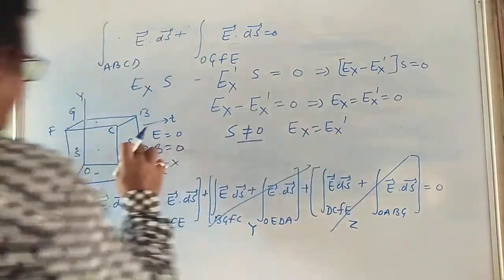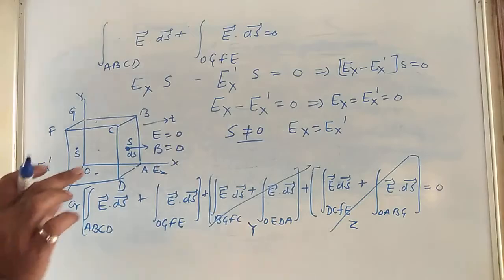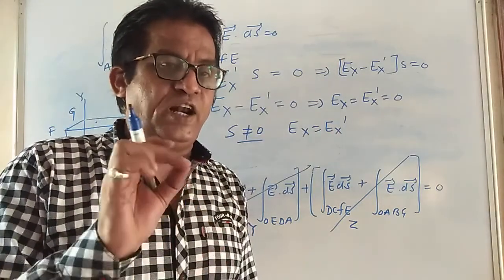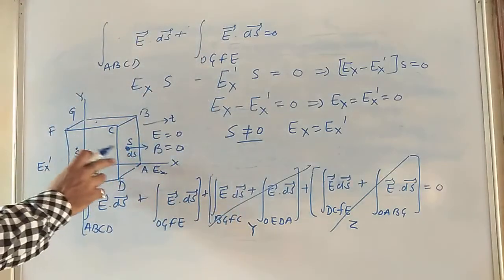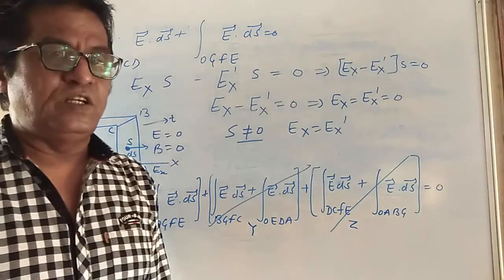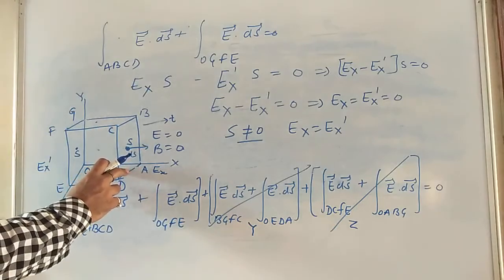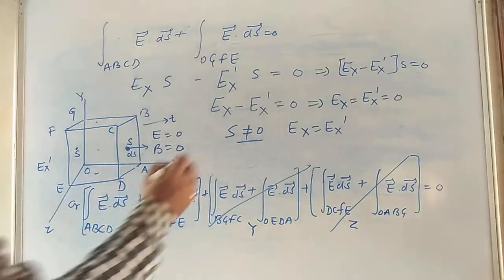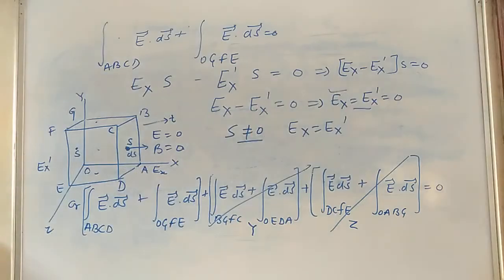Ex is equal to Ex dash on both sides. It is the same on both sides, which means the field is static. But we know very well that a static electric field cannot propagate a wave of finite wavelength. Therefore, Ex is equal to Ex dash is equal to 0.